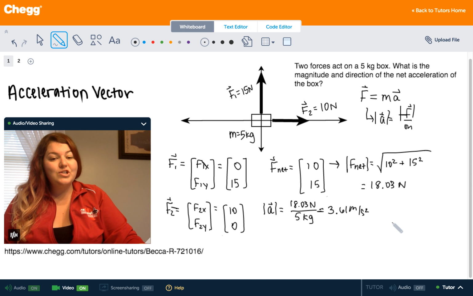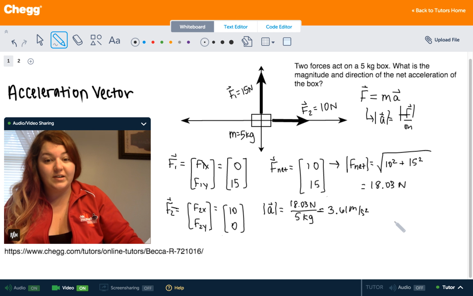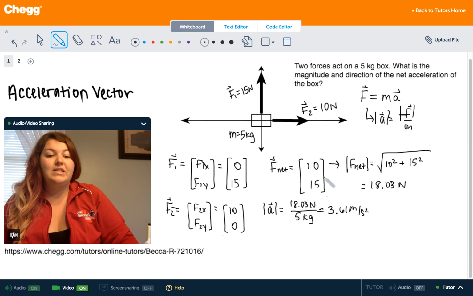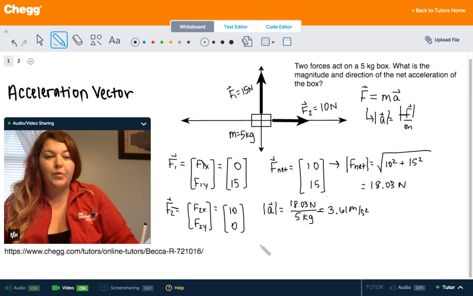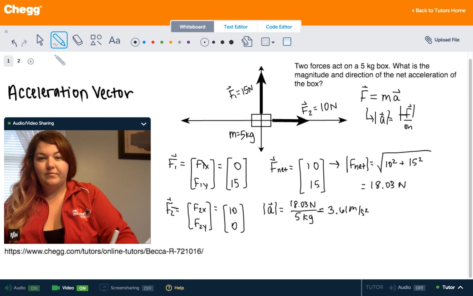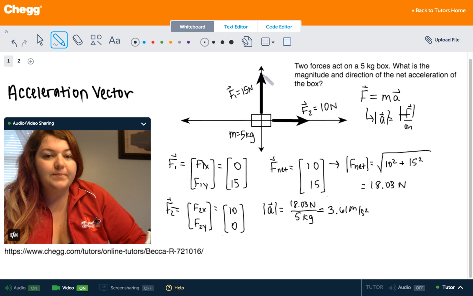Turns out the direction of the acceleration is going to be along the same direction as the force. So we need to figure out the direction of the net force as well. So the way we can do that is by recognizing that the resultant force is essentially pointing along this direction.